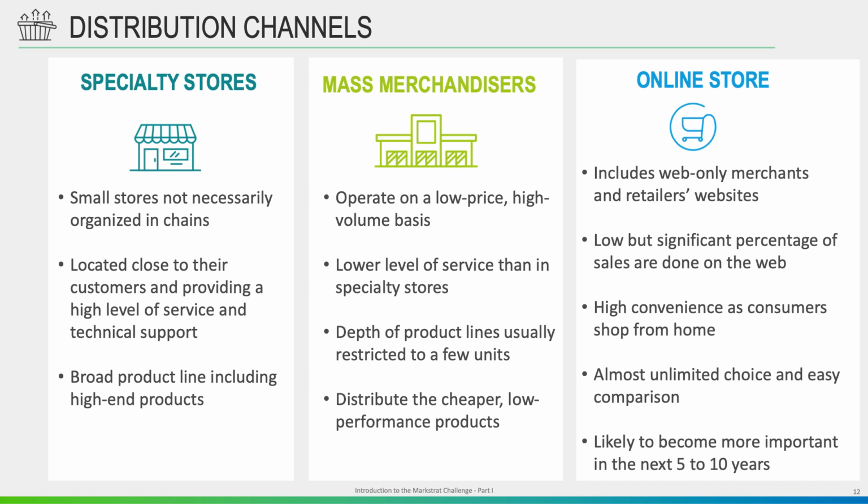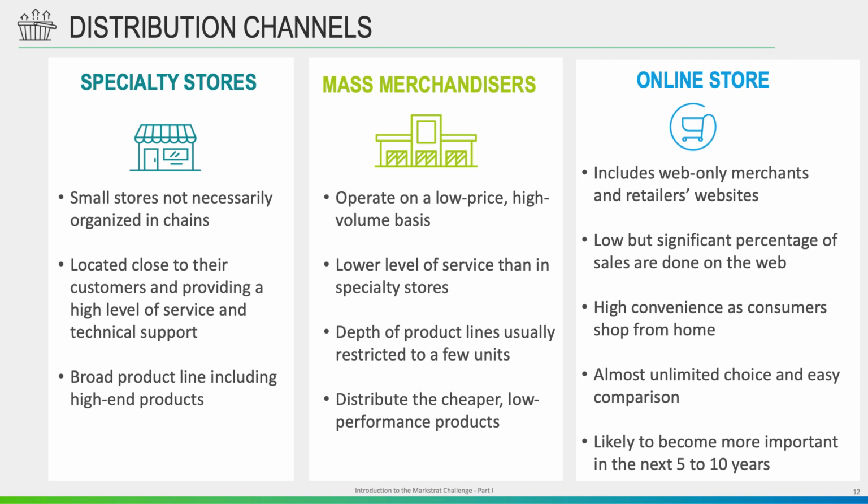Your choices regarding this middleman, or channel in Markstrat, are specialty stores, which carry a very deep collection of a narrow set of products. So an example in the context of running would be a specialty running store downtown, which only carries running shoes, gear, some gels, things related to running, and that's it. That's a specialty store.